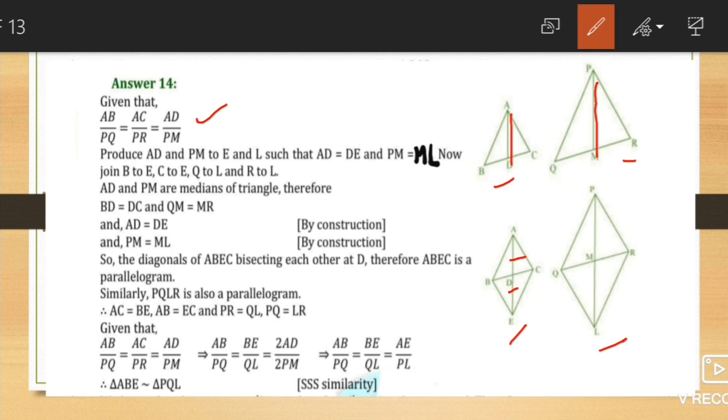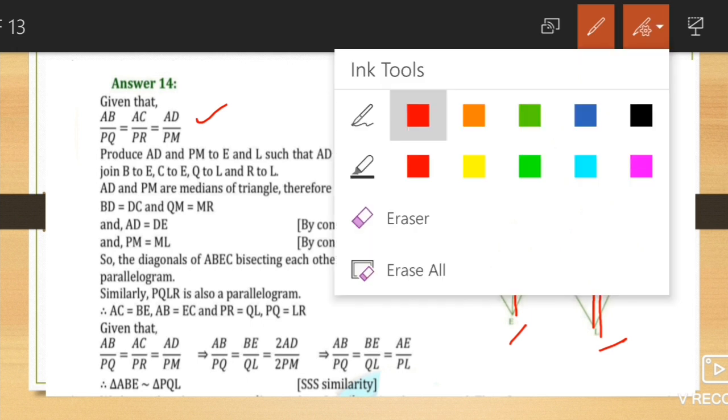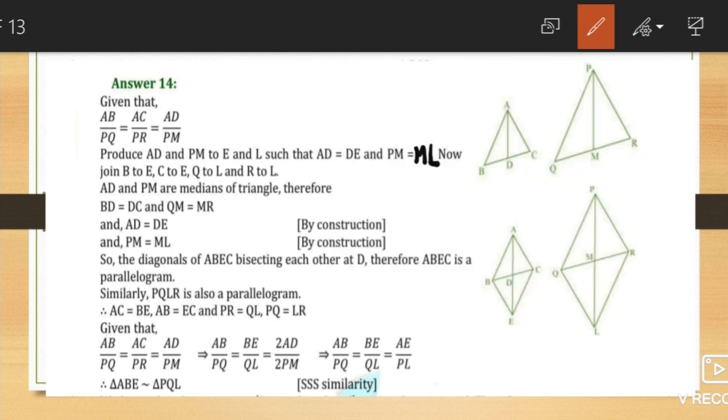You have to produce AD in such a way that AD is equal to DE. Similarly, you have to produce PM to L in this way such that PM is equal to ML. Now you have to join BE, CE, and also QL and RL.